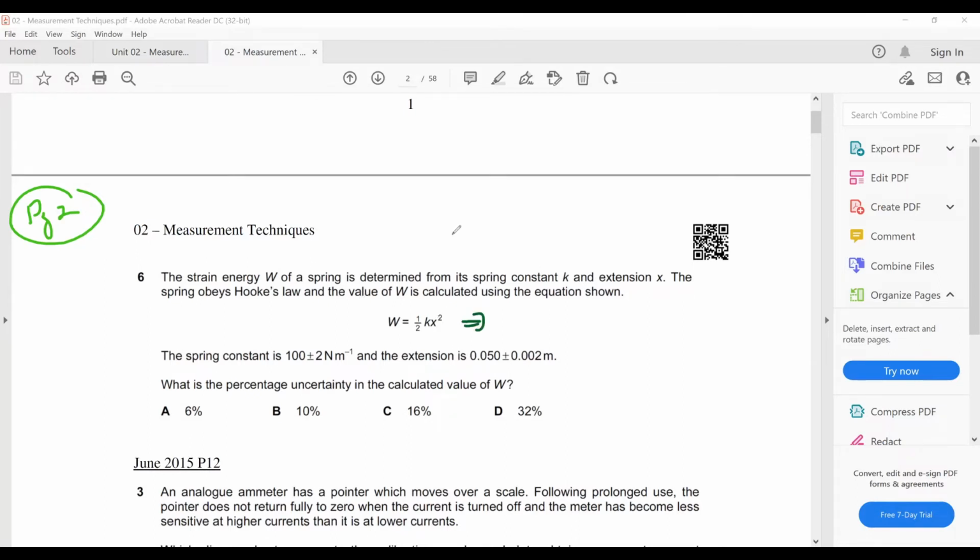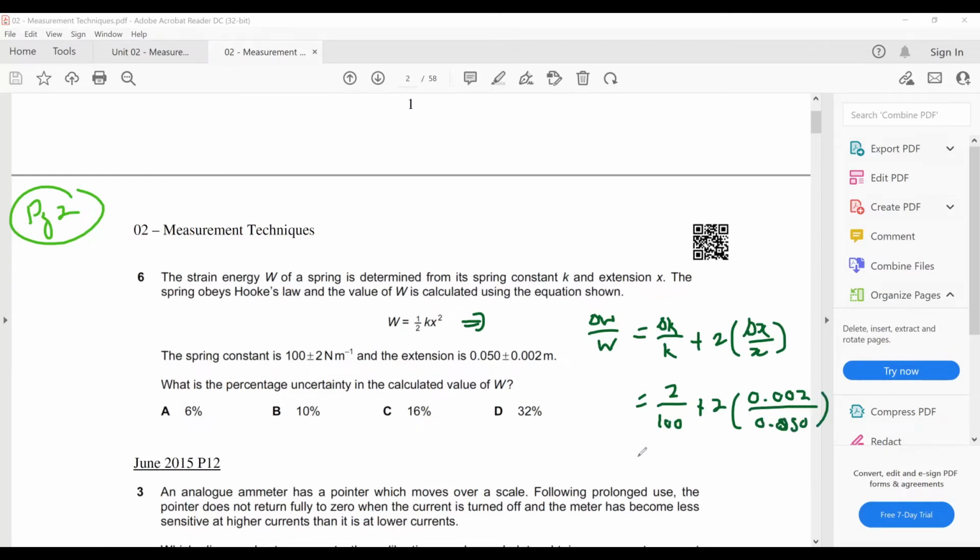So this one here, the answer is B. With this one you will know it is delta W over W equals delta K over K plus 2 times delta X over X. So you should get 2 over 100 plus 2 times 0.02 over 0.05.